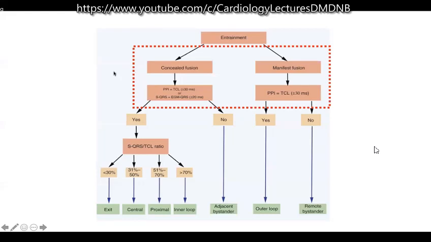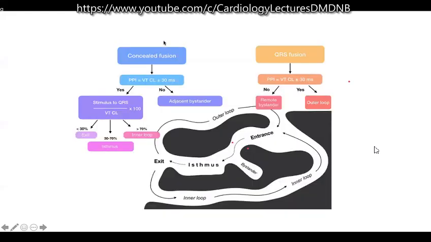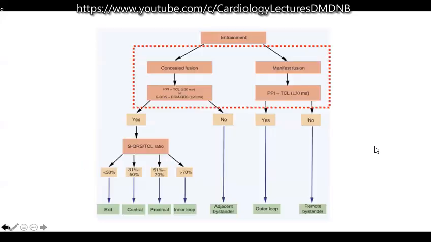But first and foremost, I would like you to understand that there is a lot of clinical utility in understanding the mechanism. For example, when you see a tachycardia in an acute myocardial infarction that accelerates and then slows down, it is automaticity.